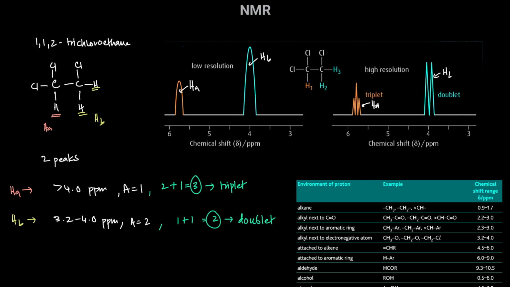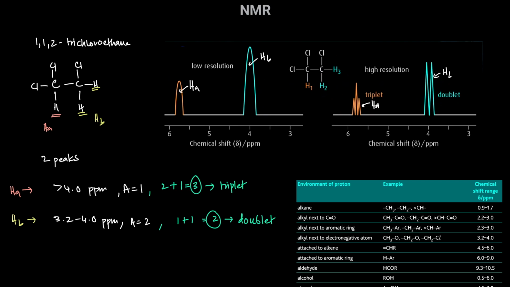And then the splitting pattern: we looked at the neighboring protons. For HA, the neighboring carbon has two protons, so n is 2, and splitting is n plus 1, which is 3.